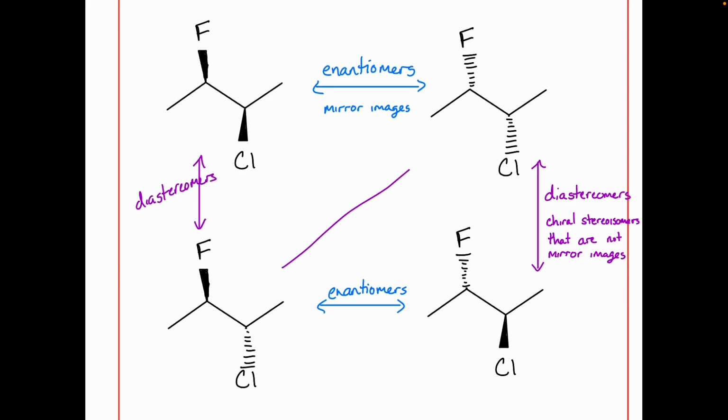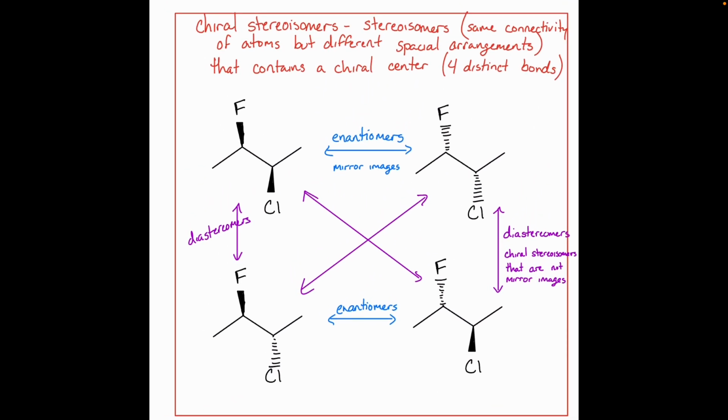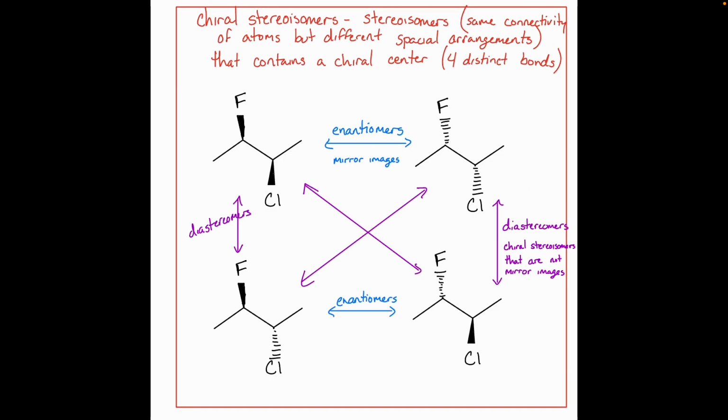My diagonals would also be diastereomers, right? Those are not mirror images of one another, so these would also be pairs of diastereomers. Again, these all fall under this umbrella of being chiral stereoisomers of one another. This is a group of 4 chiral stereoisomers. There are 2 pairs of enantiomers. Any other mixing and matching, they wouldn't be mirror images, those would be diastereomers.